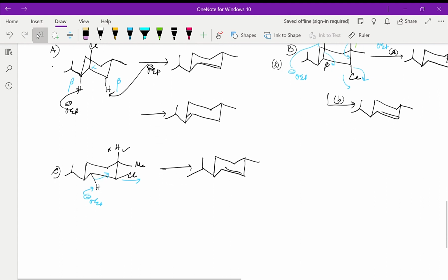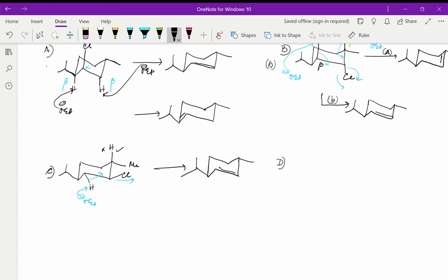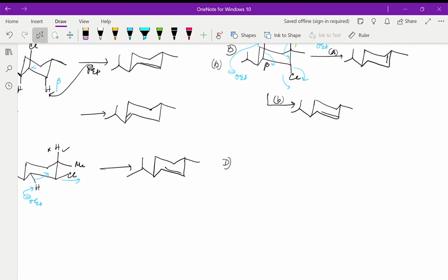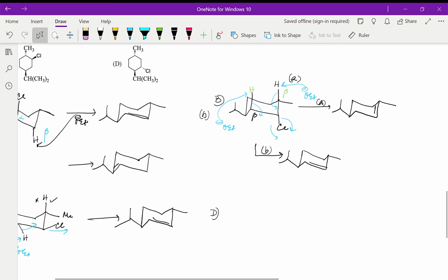Okay, let us check with D. Again if you have a look at D, let us draw the chair form again, and we can see again the methyl is downwards. That is your isobutyl out here.